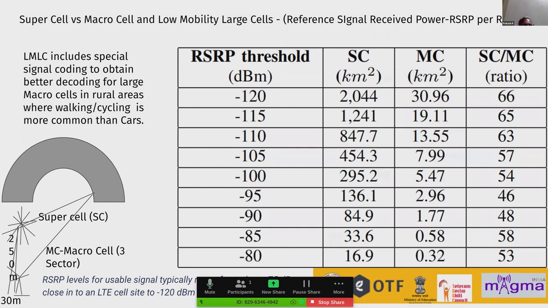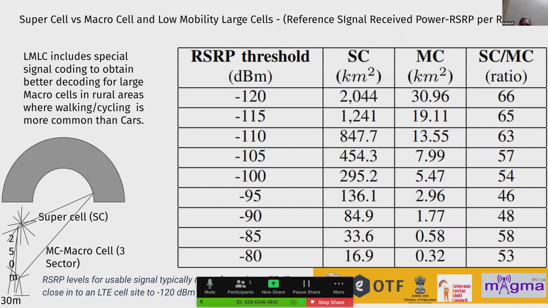And if you increase the range, there is the reference signal received power, which is RSRP. And usually they are in the range of minus 80 dBm to minus 120. So for LTE, if you want to get similar LTE types of coverage for an LMLC or a supercell, then you have to have this kind of a setup.